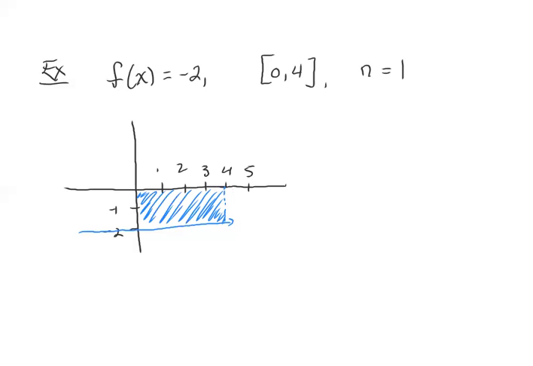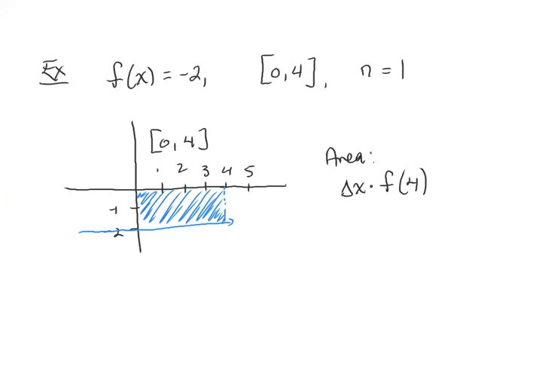I can find that. If I only have one rectangle that I'm dividing this up into, then I know the area is equal to delta x times the height of the rectangle, which, with my interval from 0 to 4, the right endpoint is 4.